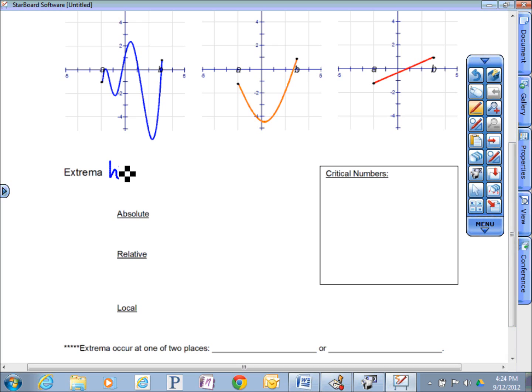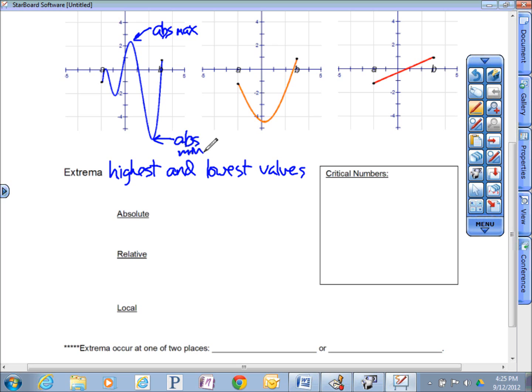Extrema, again, highest and lowest values. If I told you, go to the blue function and find its absolute highest value, I would bet that you would look right there. That would be your absolute maximum. This would be your absolute minimum.